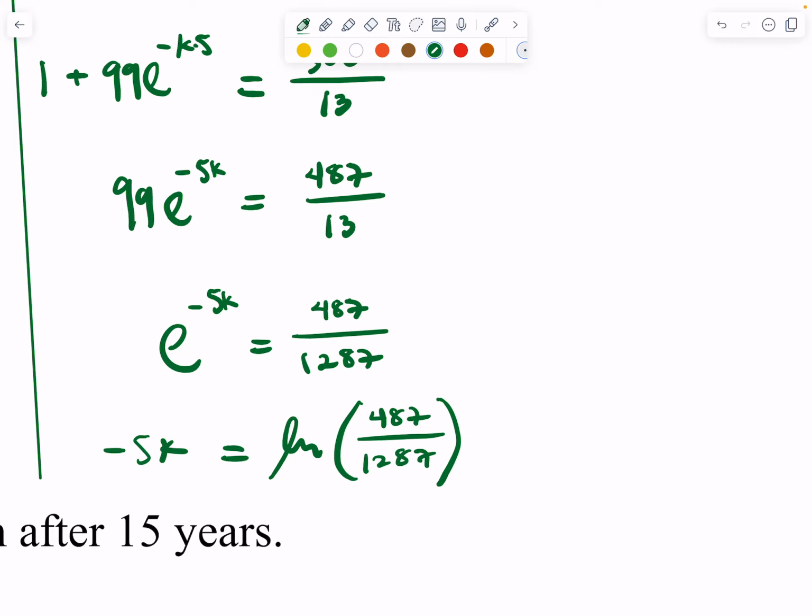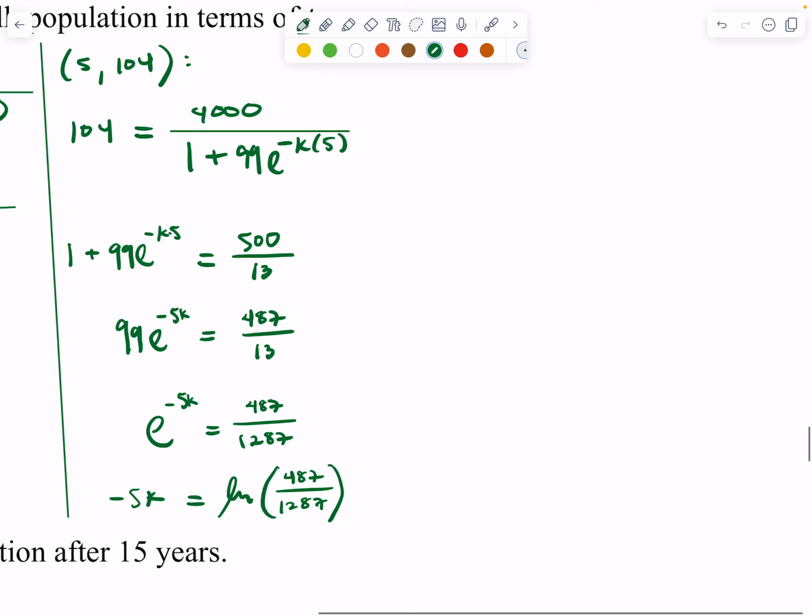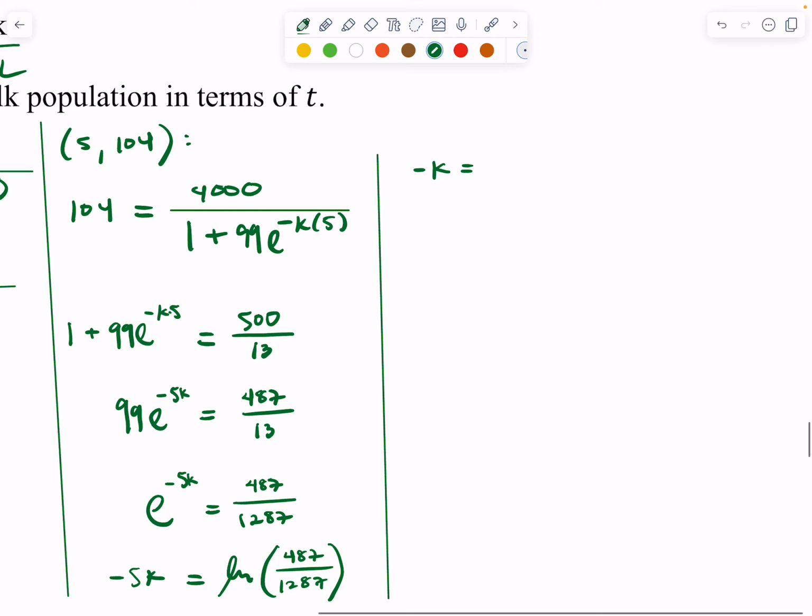And I'm actually just going to divide by 5 since negative k is what's in the formula. I'm just going to divide by 5, so I get what negative k is, and I can just think about replacing negative k. So ln of this ratio divided by 5.